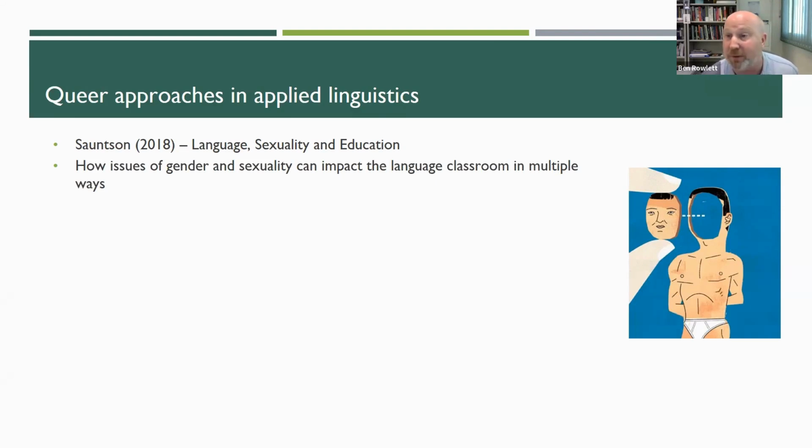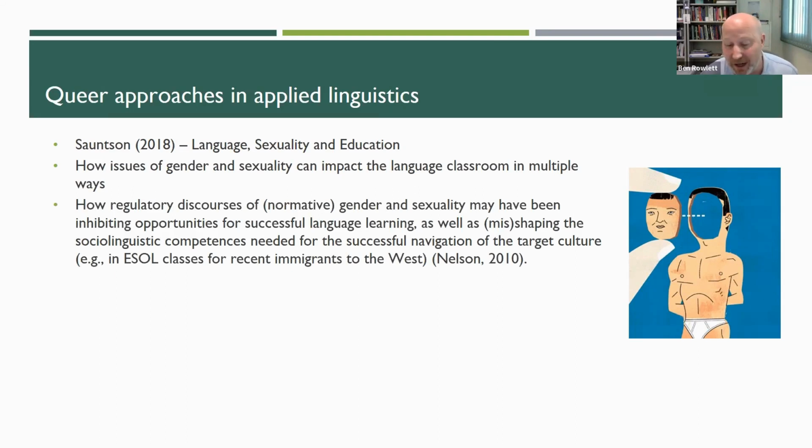These approaches have investigated how issues of gender and sexuality can impact the language class in multiple ways, and even more specifically, how regulatory discourses of normative gender and sexuality may have been inhibiting opportunities for successful language learning, as well as shaping or even misshaping the sociolinguistic competencies needed for the successful navigation of the target culture, for example, in ESOL classes for recent immigrants to the West.